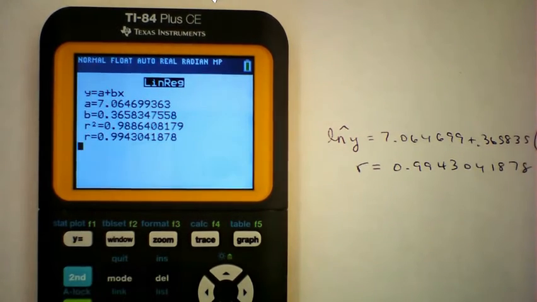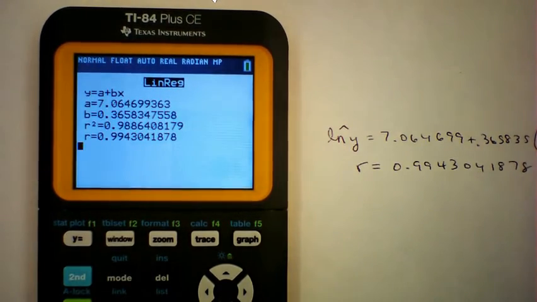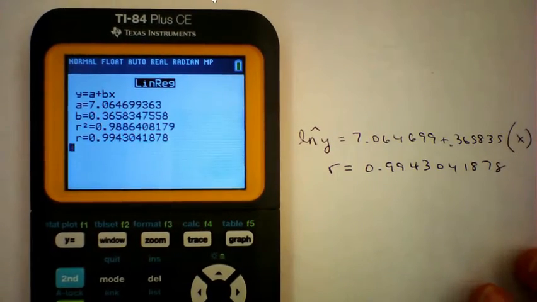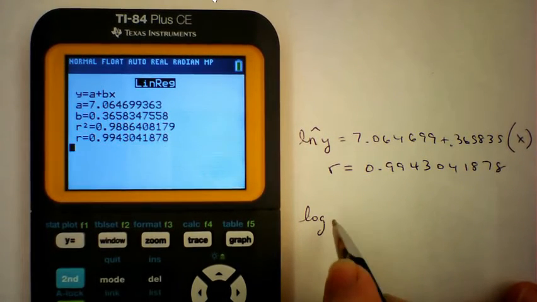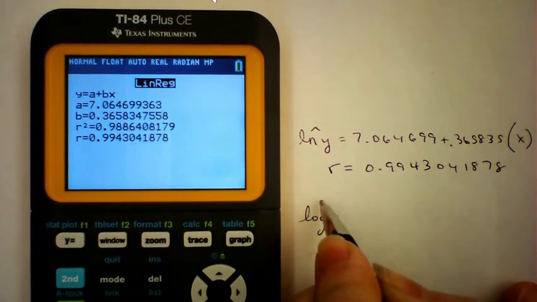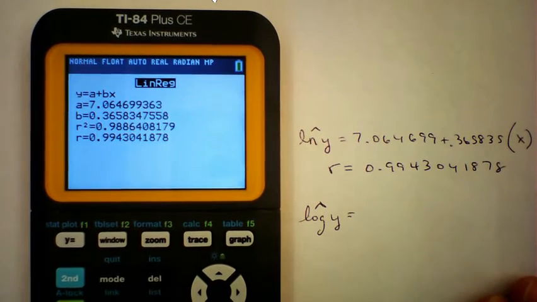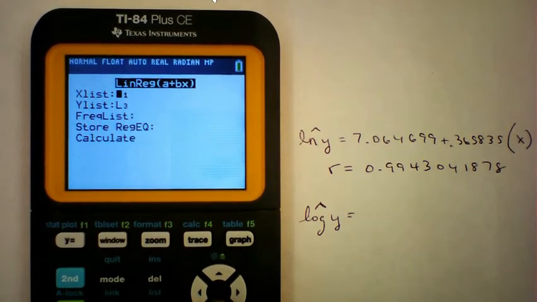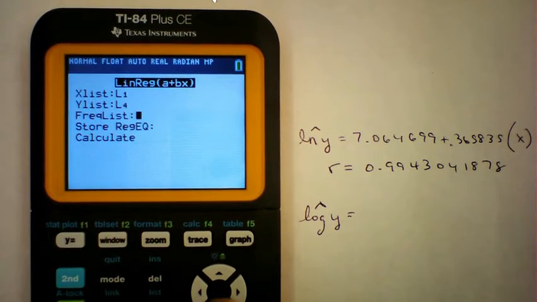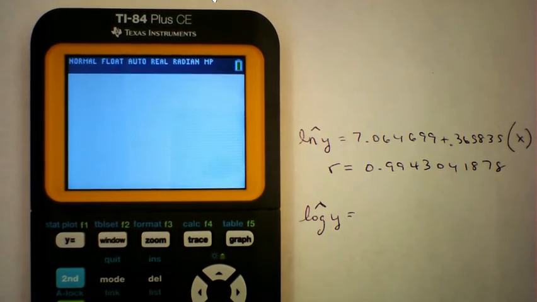Okay, just to show you, if I do this exact same thing with the base of 10, so that would be the log with a base of 10 of y. We don't have to write the 10 because this is the common log predicted value. If I run this again with the L4 list, and boom.